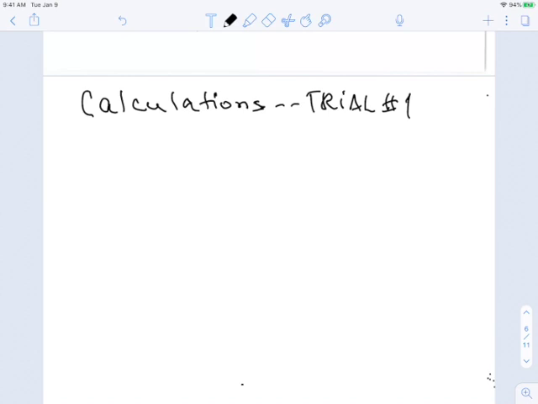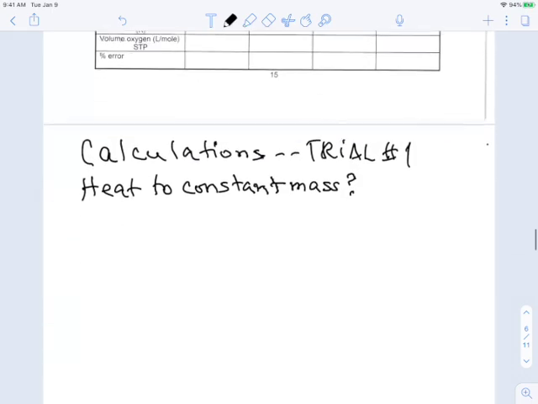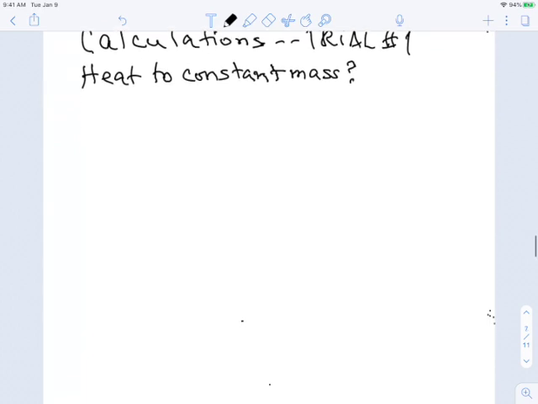The first one I'm going to do is make sure that we did heat to constant mass. So I'm going to put here heat to constant mass. To do that, I'm going to compare the values she had in item number 4 and item number 3. These are the 2 rounds of heating. So item number 4 minus item number 3.